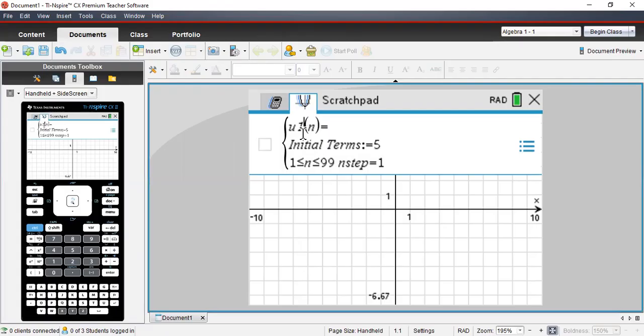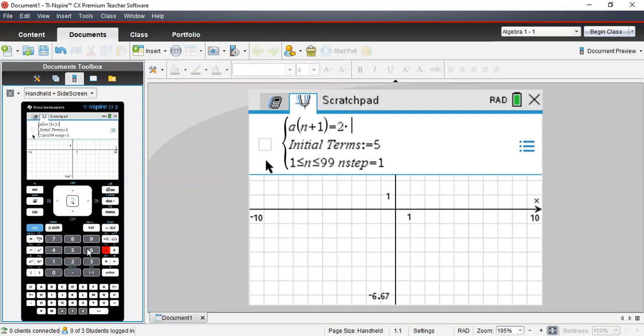So here we're going to replace that u1 with a. We're going to put a there, and then inside the parentheses, it's going to be n+1. So I add a +1. I go over here to the other side of the equal sign, and I'm just going to type in 2 times. Now you don't have to put the times, but it doesn't hurt.